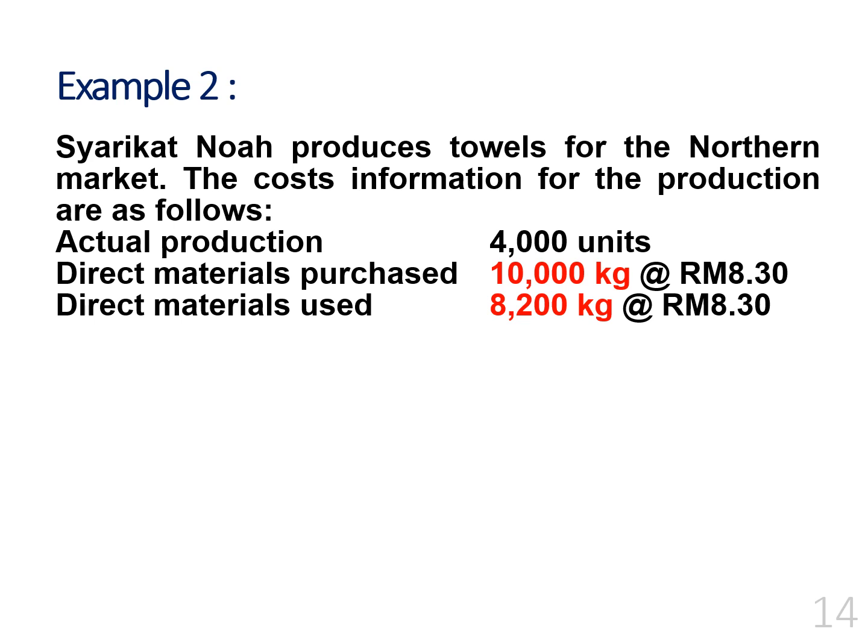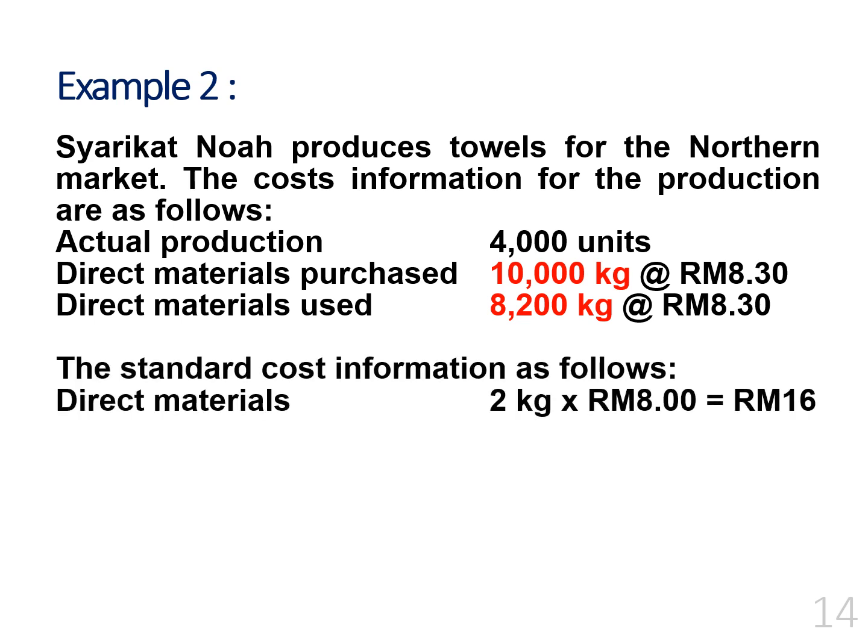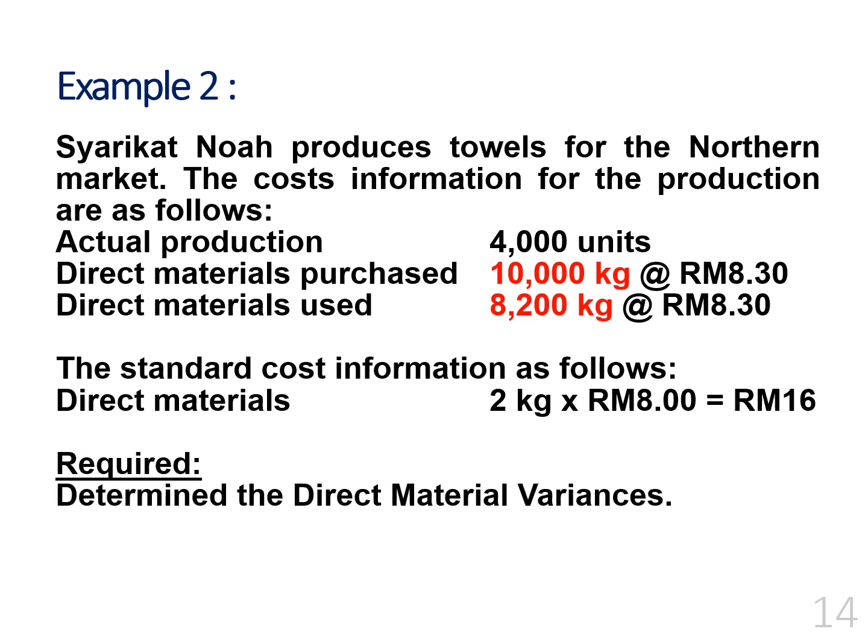From this question, we can see that the direct material purchase quantity is not equal to direct material use. And then, the standard cost information is as follows. Direct material equals 2 kg times 8 ringgit equals 16 ringgit. Required: determine the direct material variances.